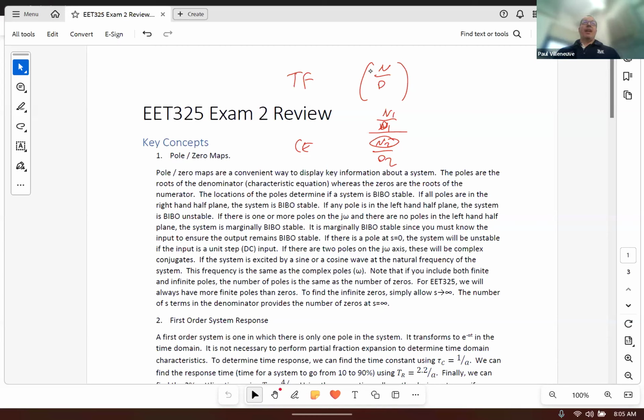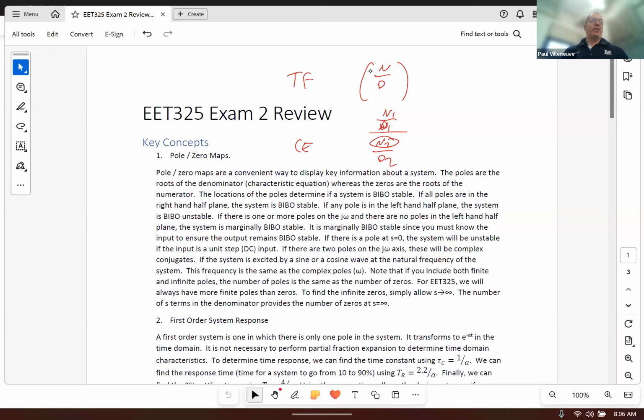And the infinite poles are where, as s approaches infinity, the system approaches zero essentially.